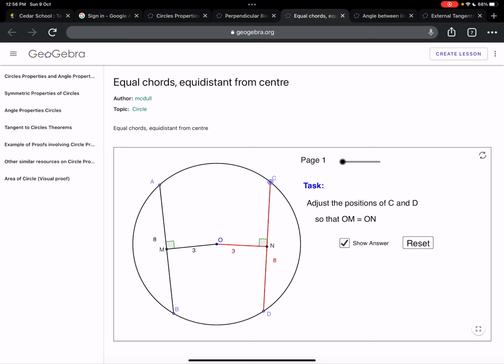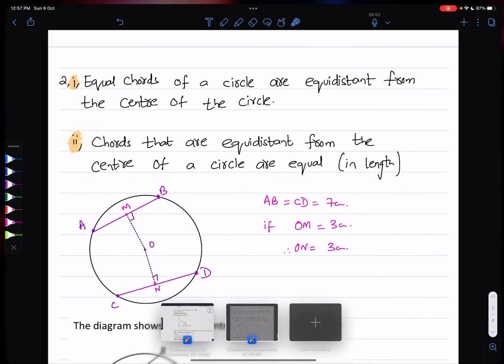If I say that AB is, let's say, 8 centimeter, and I try to adjust the chord CD to 8 centimeter, when AB is 8 centimeter, CD is going to be 8 centimeter as well, and you can notice that the distances OM and ON are also equal, and that is going to be the case every time. The distance of equal chords from the center of a circle must be the same, must be equal as well.